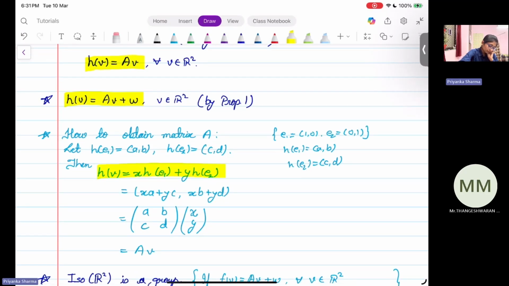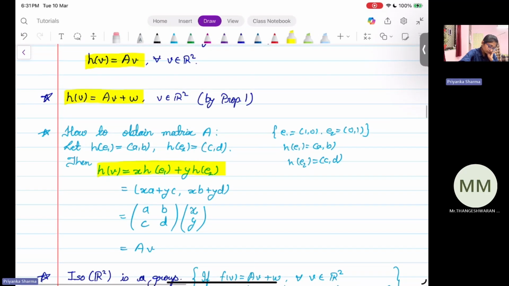We put the values of H(E1) and H(E2), and we get H(V) is (xa plus yc, xb plus yd), and this can be written with the matrix with entries a, b, c, d multiplied by the point (x, y). So this matrix is the matrix A.